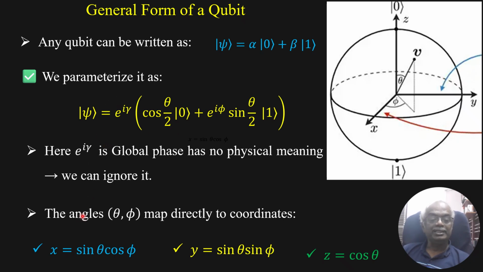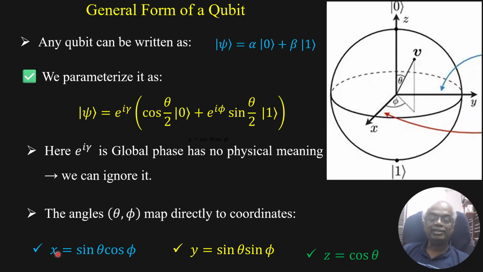The angles θ and φ map directly to the coordinates. Here you can see θ, that is along the xy plane, it rotates θ, and φ rotates along the z-axis. So this is φ and this is θ. How, you can ask?